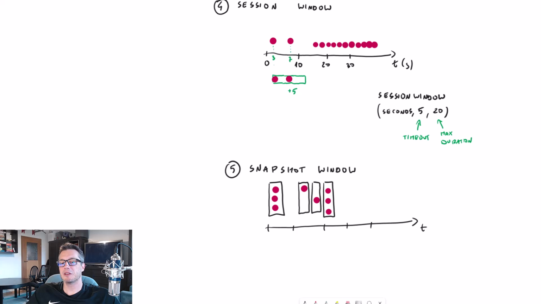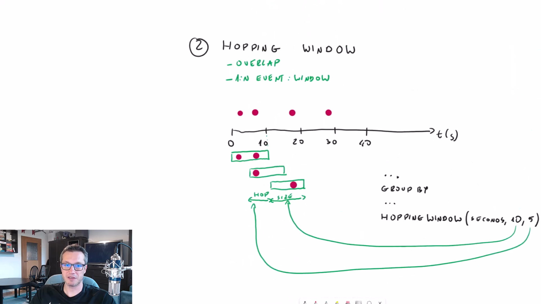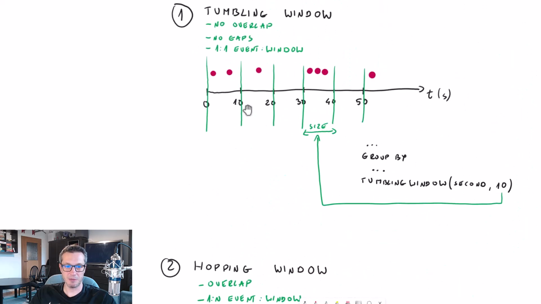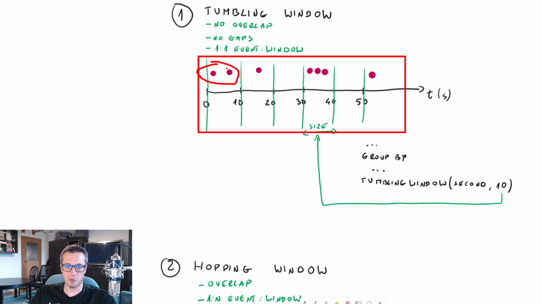And now a snapshot window on its own is rather rarely used because it's rather unlikely to have events that arrived at exactly the same time. More often it is used in conjunction with some other function. For example, first we would use tumbling window to group those events together, and then we would just use this snapshot on those events.